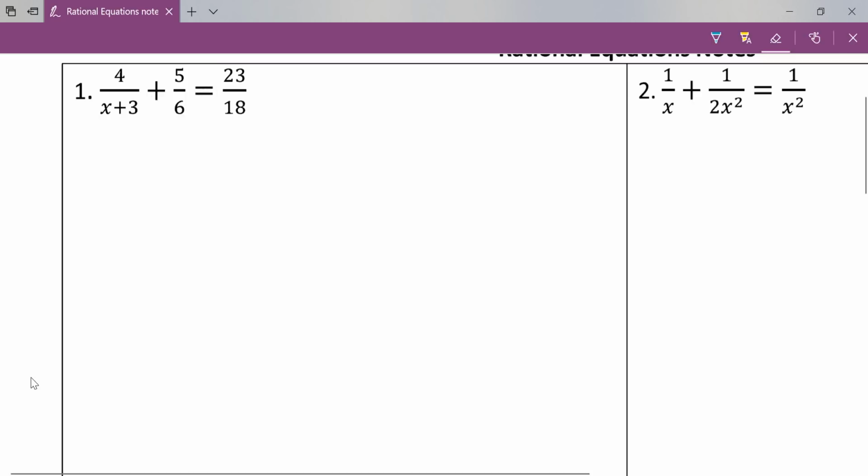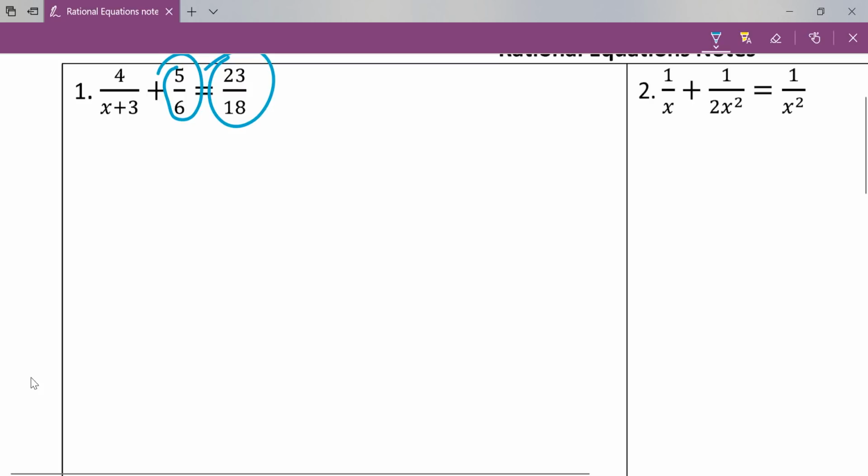And so the first thing we're going to do, though, is see if we have any like terms that we can move over and simplify before we start multiplying by any x's. And if we look, we actually see that we have 5 over 6 and 23 over 18 are both just numbers, right? So there's no x's associated with either of these.